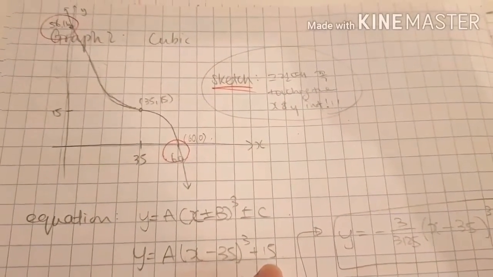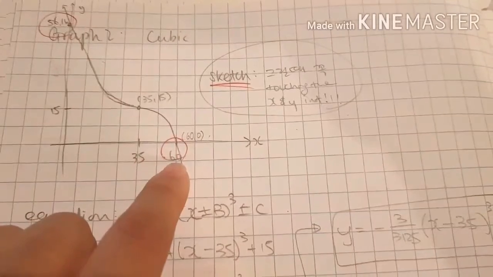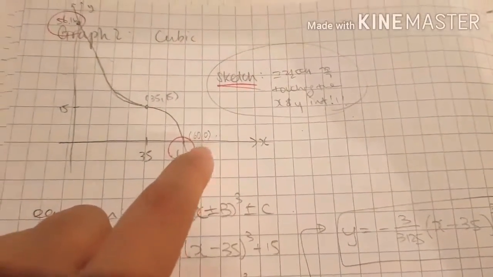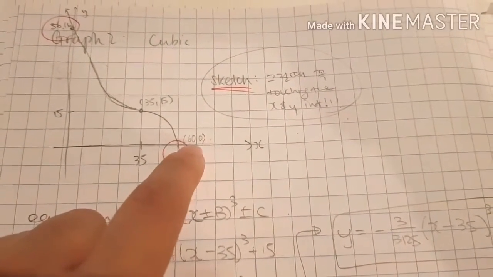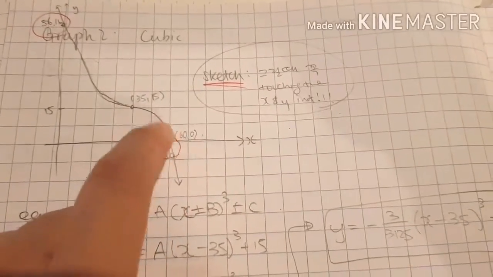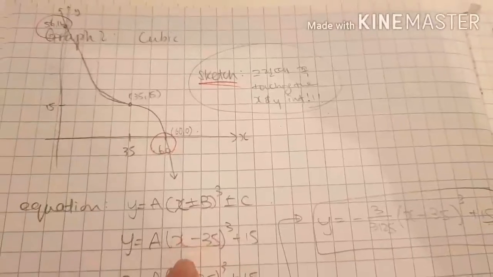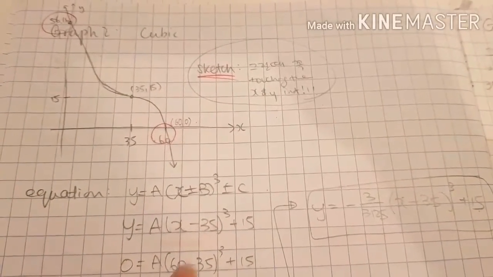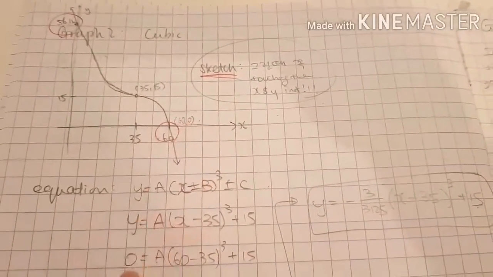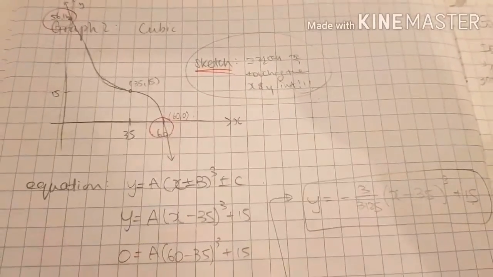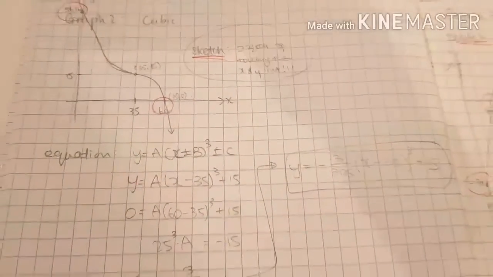What's next? I'm going to insert this value (60, 0). I always write it in coordinates first, so it's easy to know which one is B, C, and which one is x and y. Instead of x, I'm going to put 60. Instead of y, I'm going to put 0. You should know how to calculate all these.